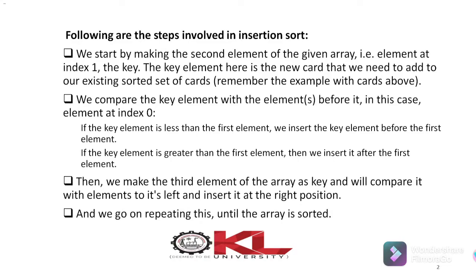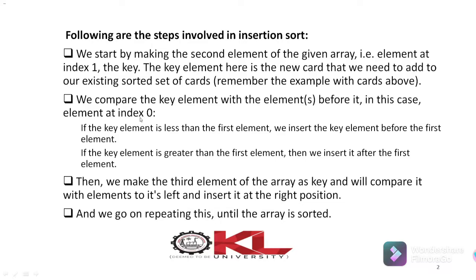And we insert that card after the card which is smaller than it, and before the card which is greater than it. Like that we proceed. So we are comparing the key element with the elements before it.